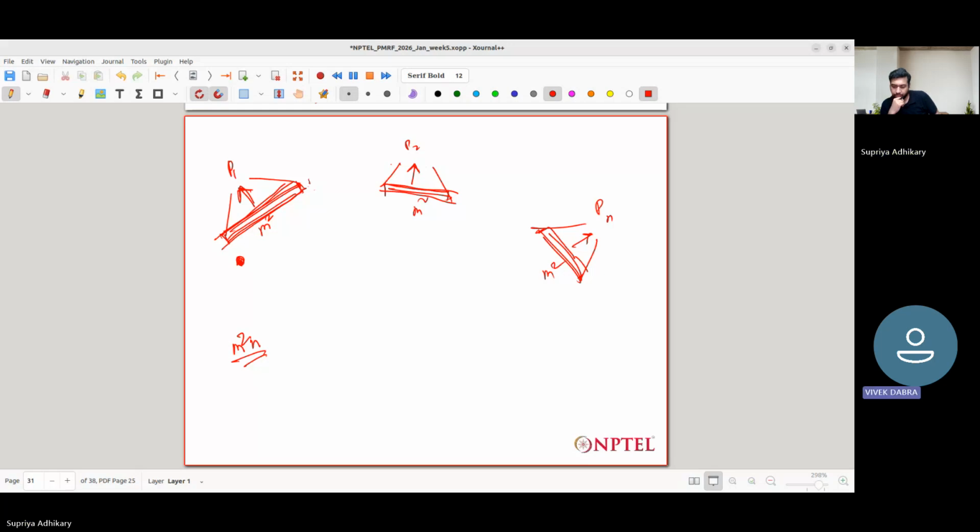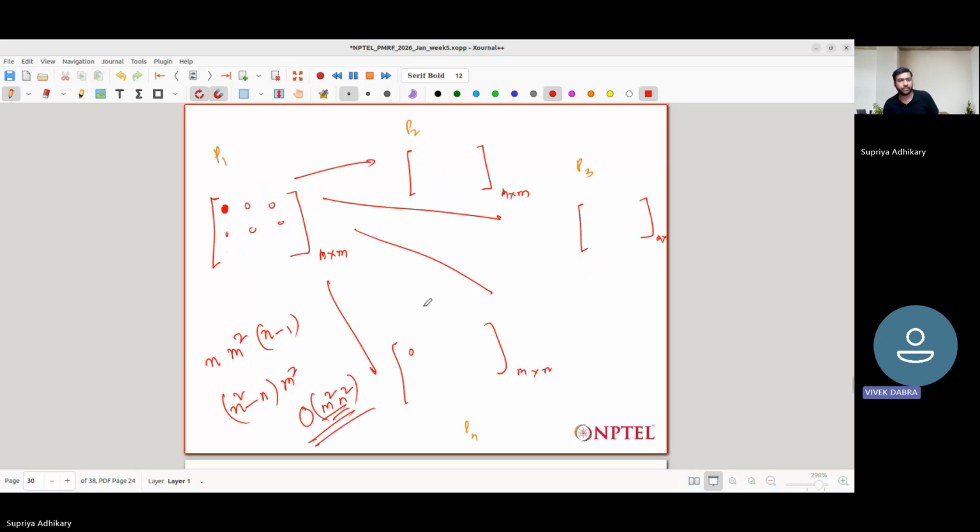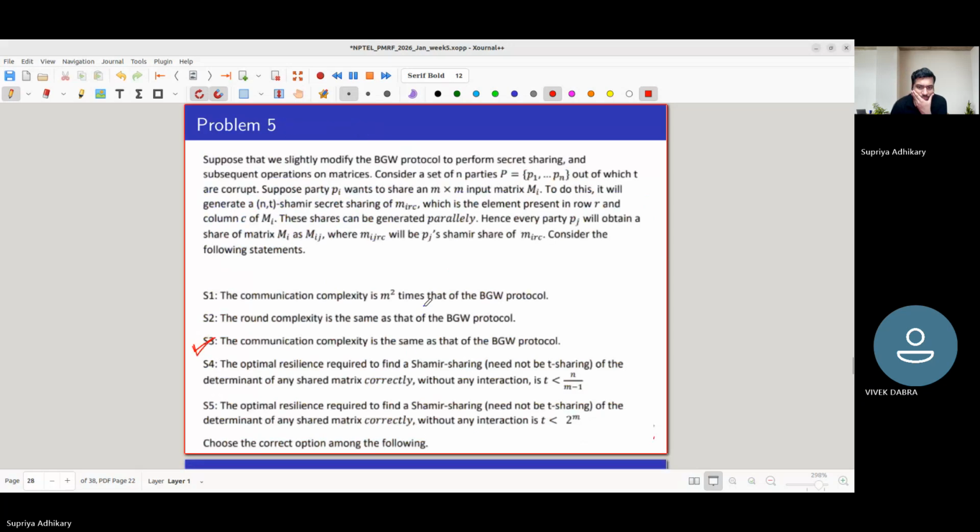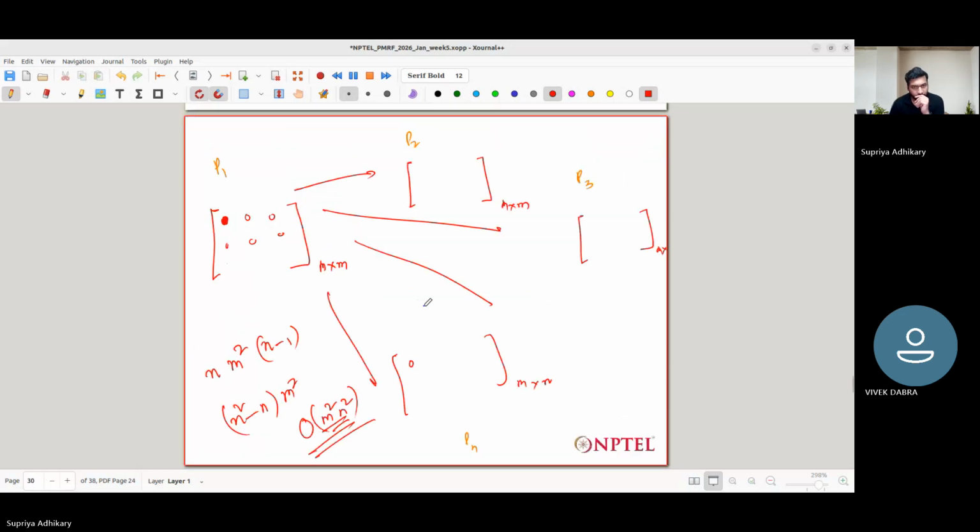Yes, that's why I think the communication complexity can be from that m square. Three shares.